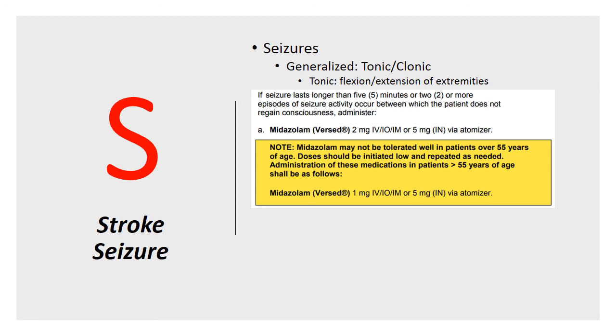So give them 2 milligrams IV, IO, IM, or give them more if you're going to give it atomized intranasally. If they're over the age of 55, you're going to cut that down a little bit. Still keep it at 5 via atomizer, but you're going to give a half dose of 1 milligram every other route.